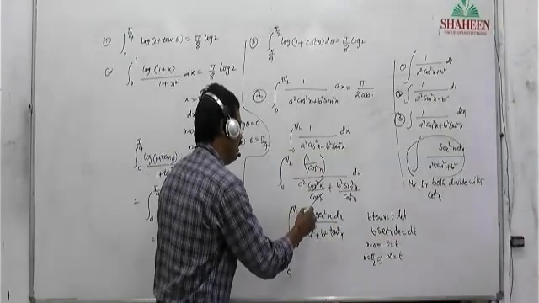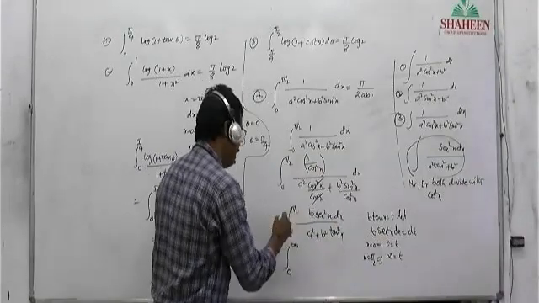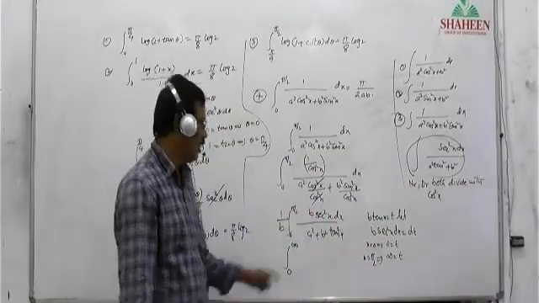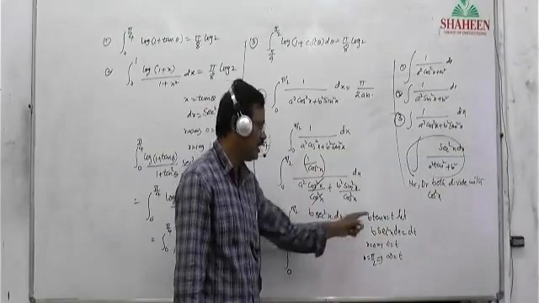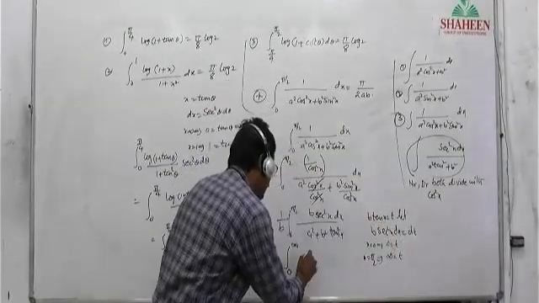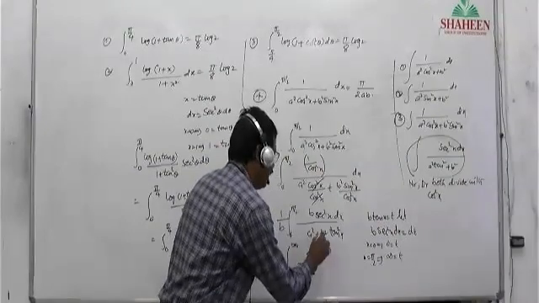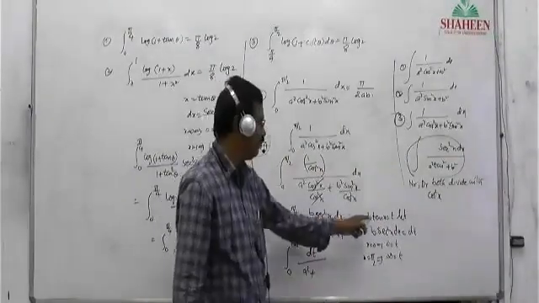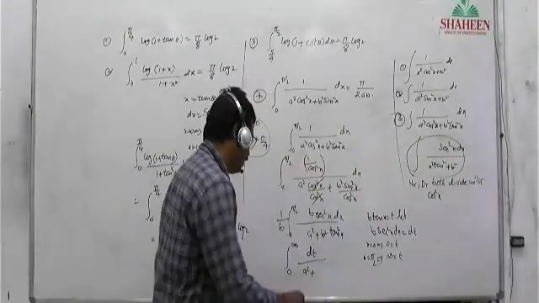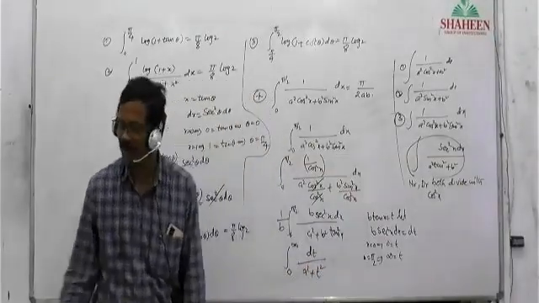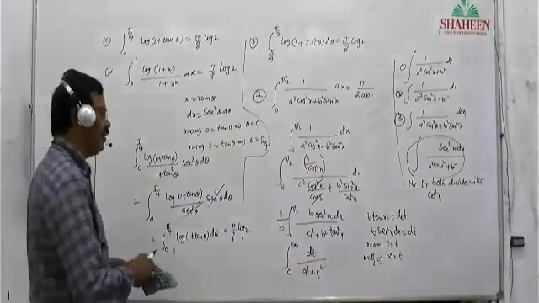That's why we multiply by b by b. Is there any difference? No difference. Now b sec square x dx is nothing but dt, over a square plus b square tan square, and b square tan square is nothing but t square. Is there any standard formula for that?